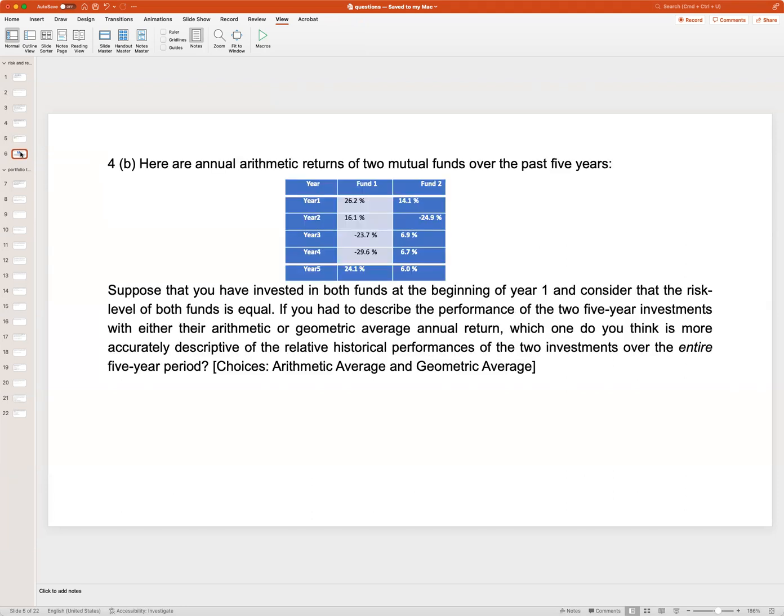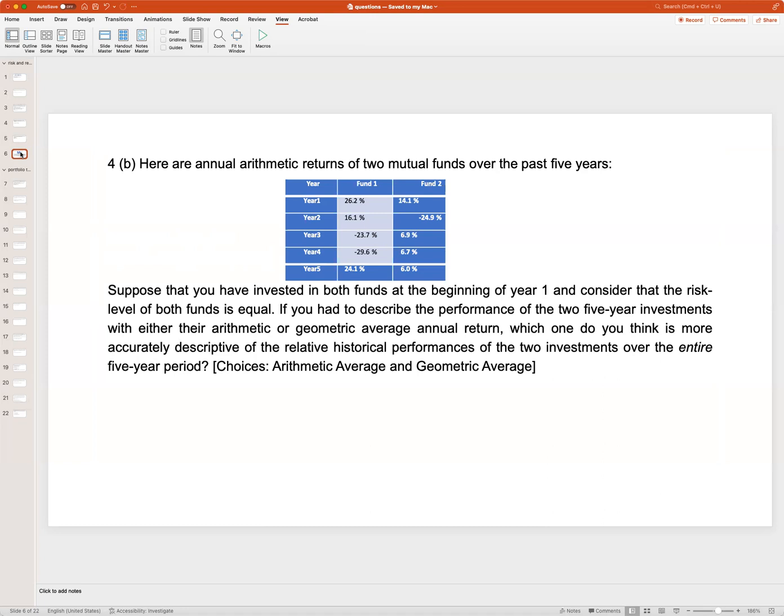Now, part B of the question. Here are annual arithmetic returns of two mutual funds over the past 5 years. Then you have a table. Suppose you have invested in both funds at the beginning of year 1, and consider that the risk level of both funds is equal.